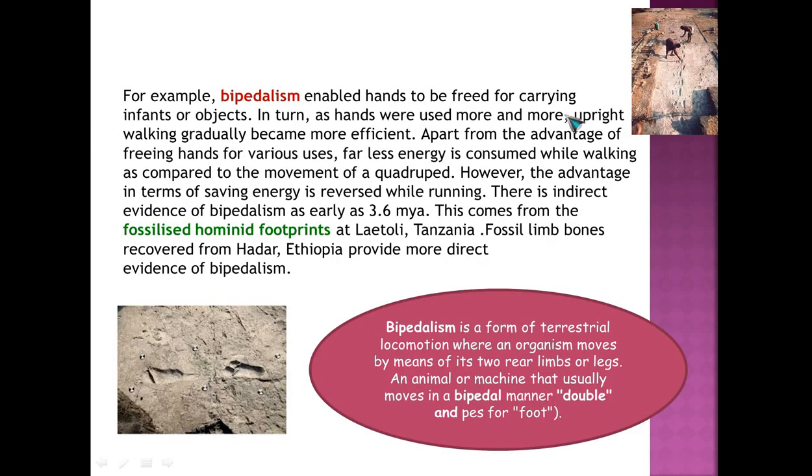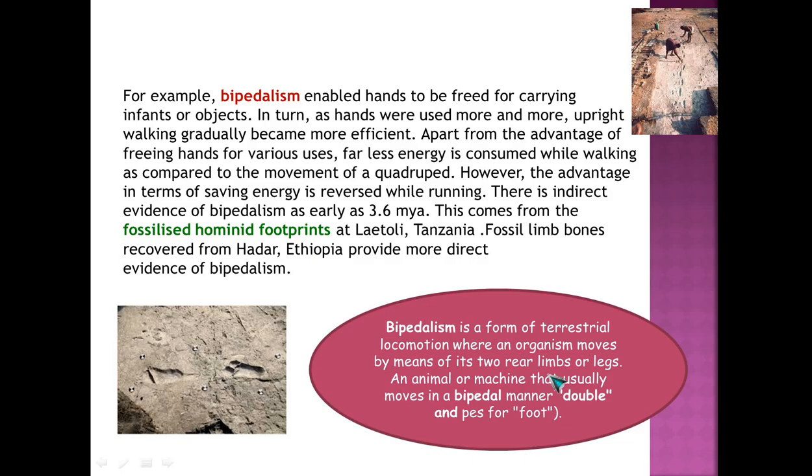Now, there is an example which is given here. Bipedalism, that is walking on the rear limbs alone. That is the meaning of bipedalism. It is a form of terrestrial locomotion where an organism moves by means of its two rear limbs or legs. That is the back part. We are bipedal because we use our legs to walk.